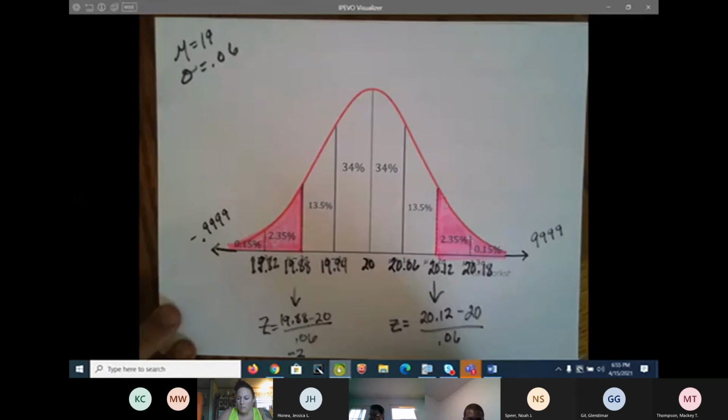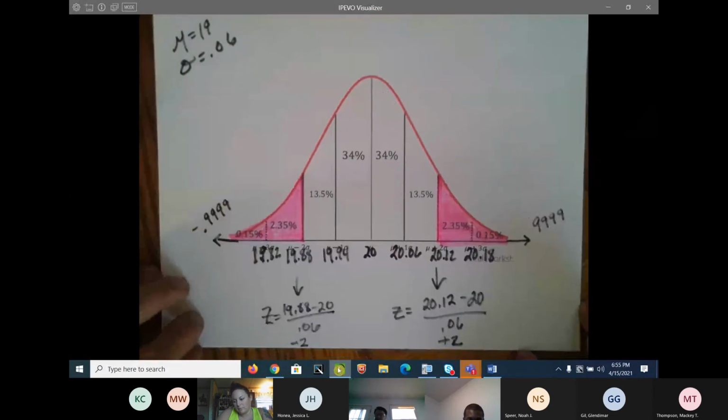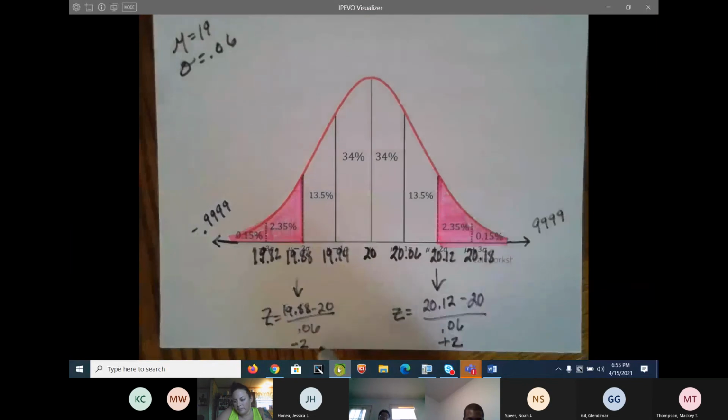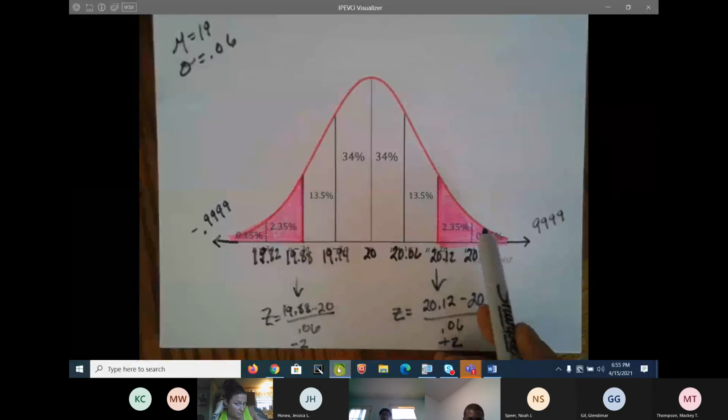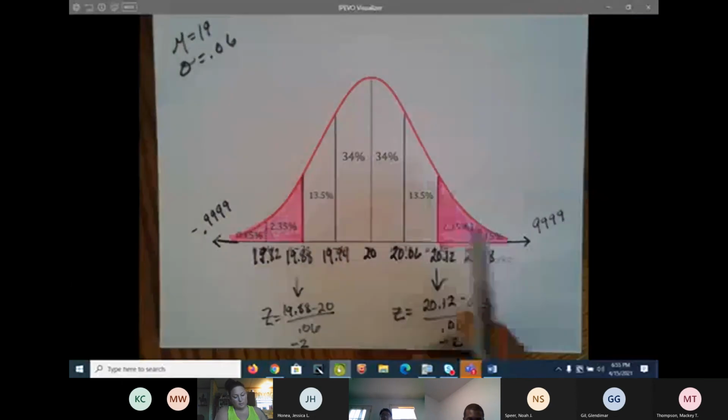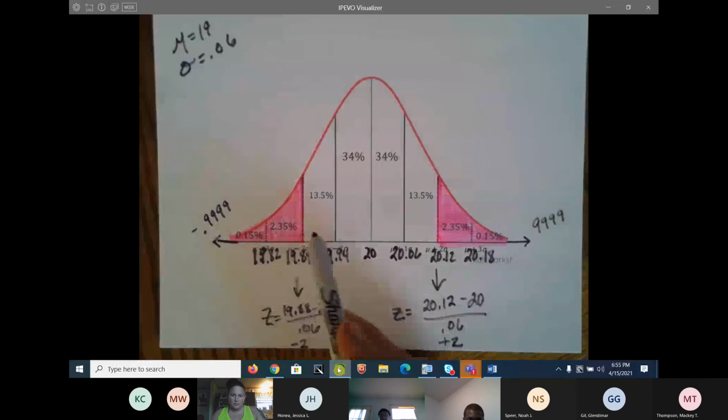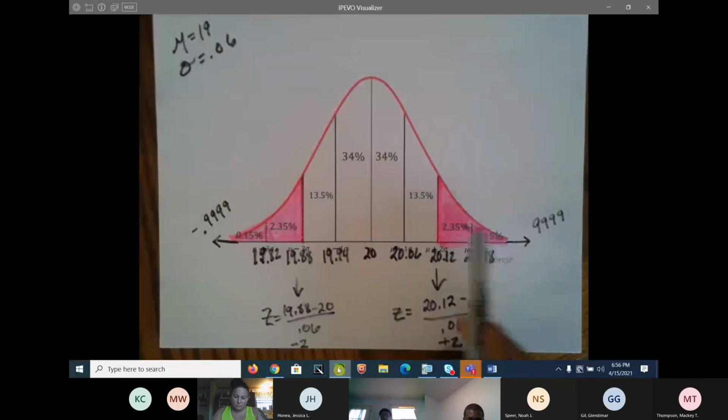They're symmetrical. You can do it in your head or with a calculator, but you come out with 2 and negative 2. They're outliers, yes, but they're symmetrical. They're the same, only with a different sign.